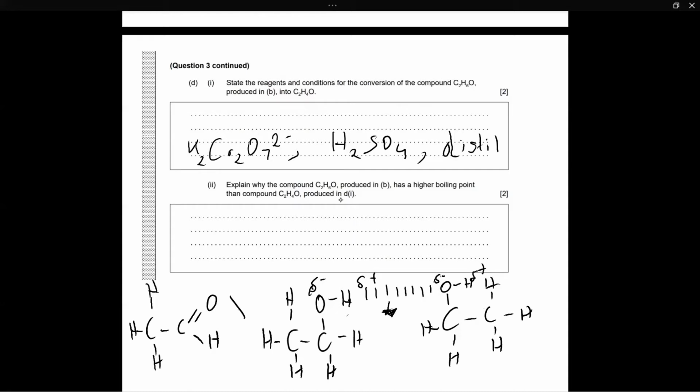So that's why there is no hydrogen bonding in the aldehyde, and that's why the boiling point for this substance will be lower than that for the ethanol. I'm not going to write out the explanation, but I've given you a gist of why the boiling point of ethanol is higher than that of the aldehyde.